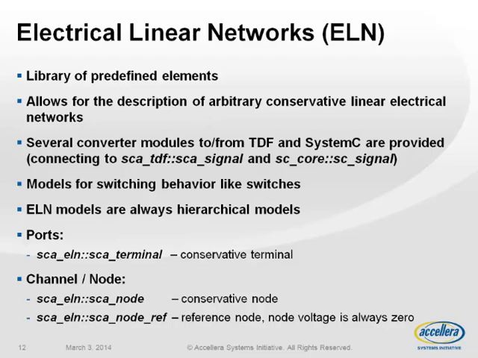So to have this conservative behavior with ELN, you need to have special kinds of ports that are called terminals, like in VHDL AMS. And you also have to have nodes, internal nodes inside your models. And you also have to have a reference, the ground, called SCA node reference.